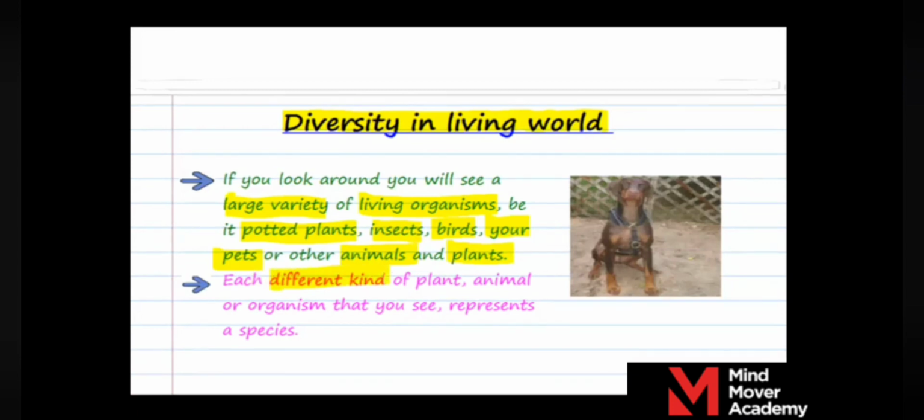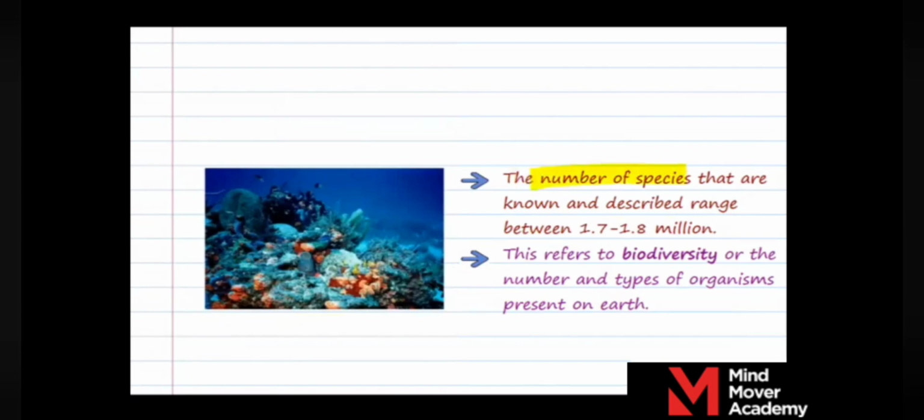Each different kind of plant, animal, or organism that you see represents a species. So, each kind of organism that you see around yourself represents one or the other species. Here you can see a mammal, the dog, which is a part of the diversity of this living world. The number of species that are known and described range between 1.7 to 1.8 million.